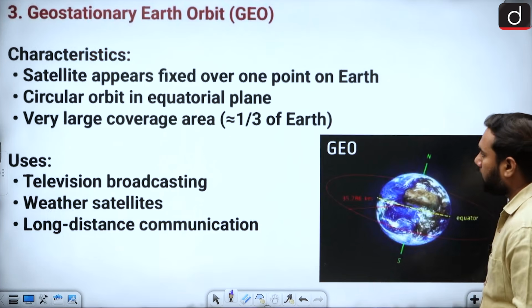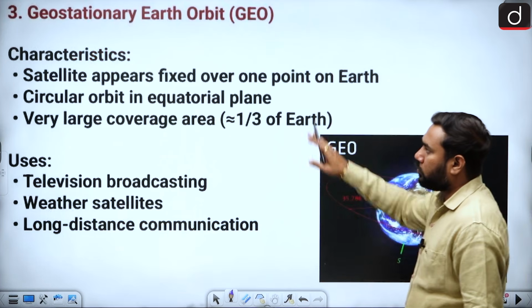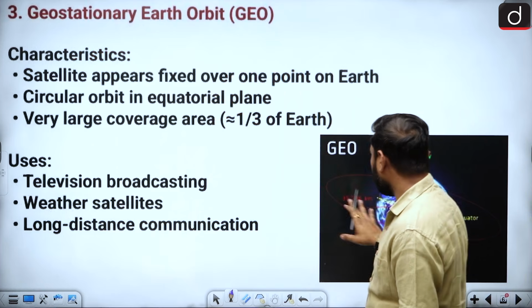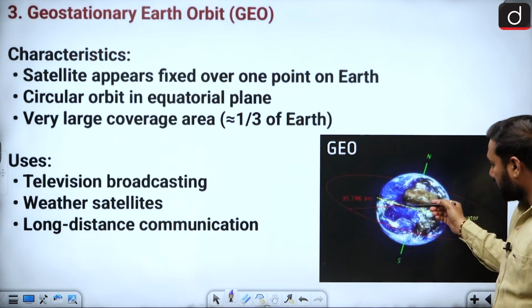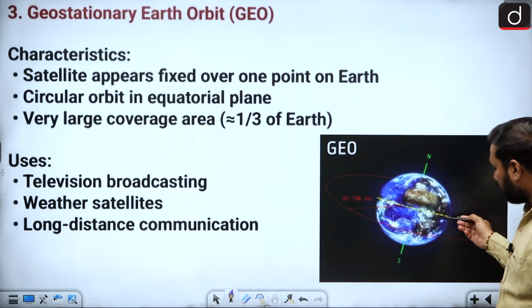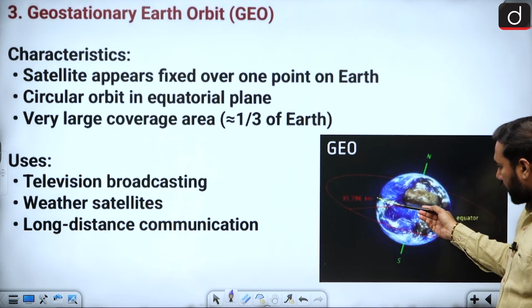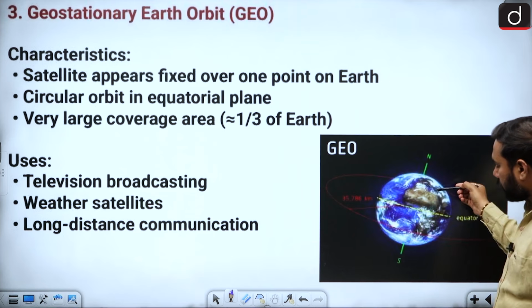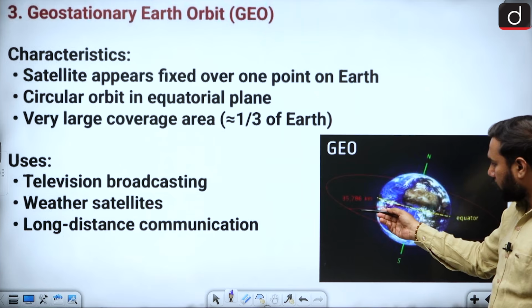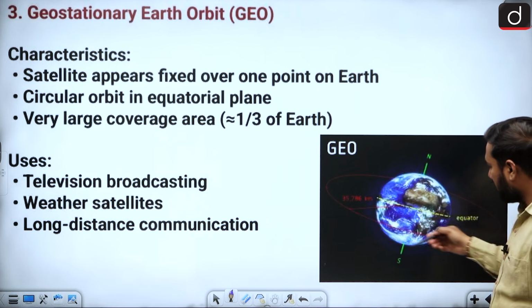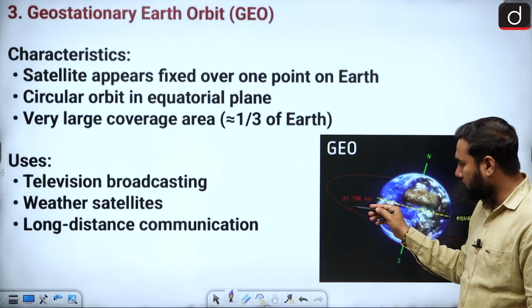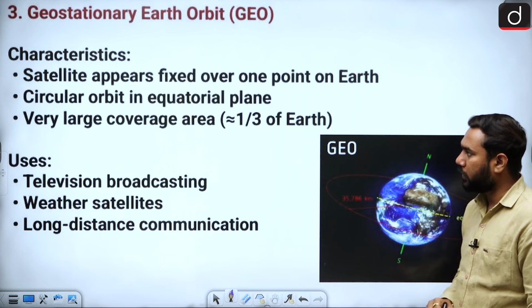When I'm talking about this third orbit, it is known as the geostationary Earth orbit. First, you can see the image. This is the line of the equator, and straight in front of the equator there is a circle present around the whole Earth, at an exact height of 35,786 kilometers.